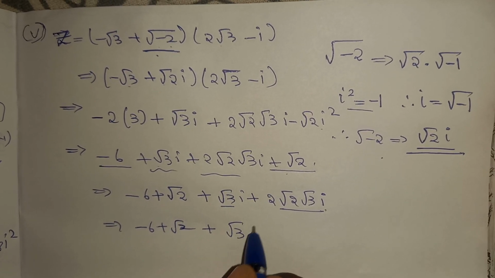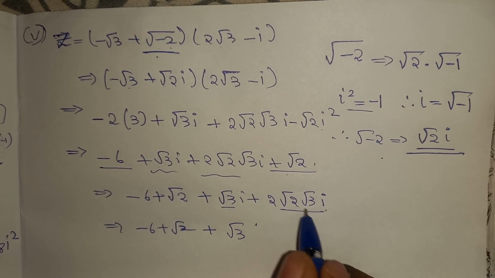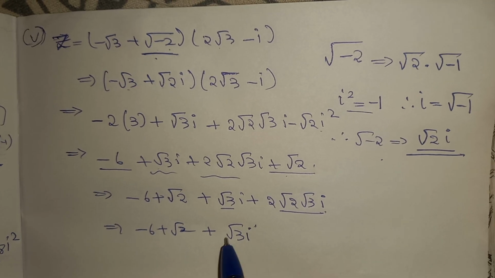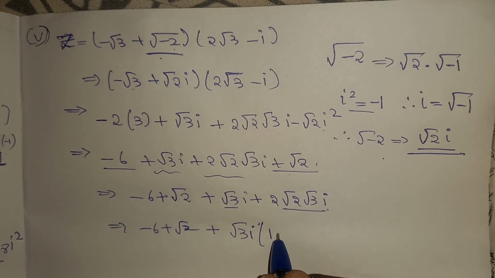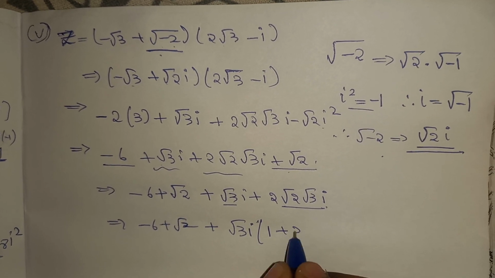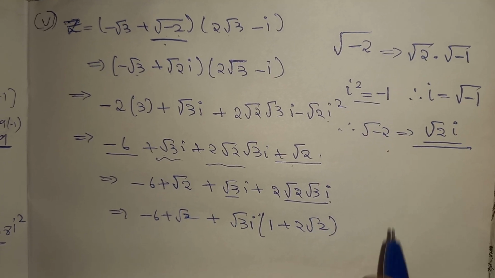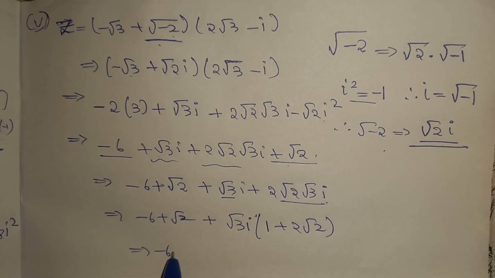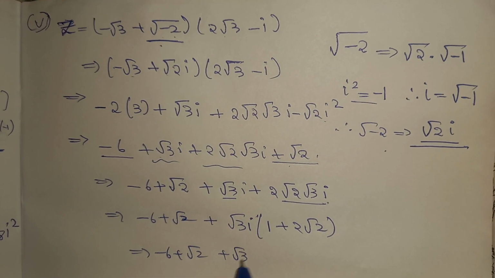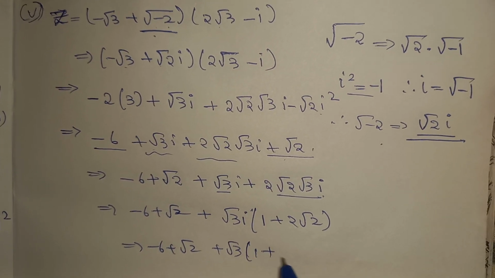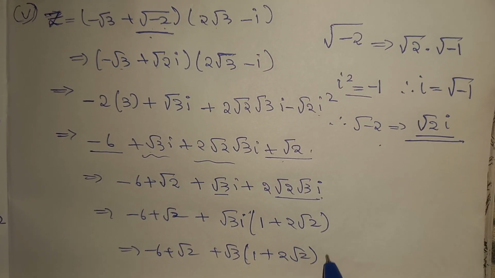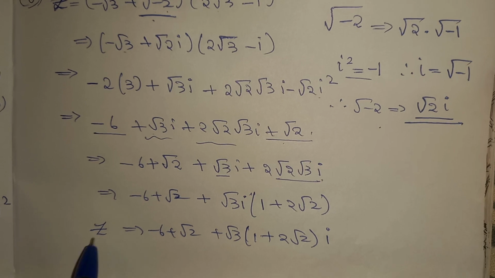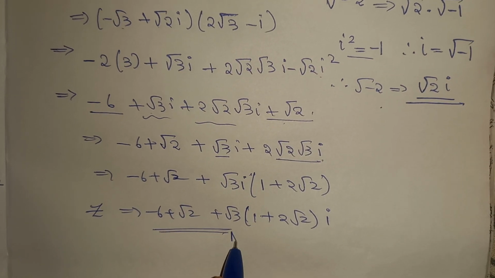Root 3 i common we can take actually. So root 3 i common into 1 we'll get plus 2 root 2. That is nothing but minus 6 plus root 2 plus root 3 i into (1 plus 2 root 2). This is the value of that. This is the final answer.